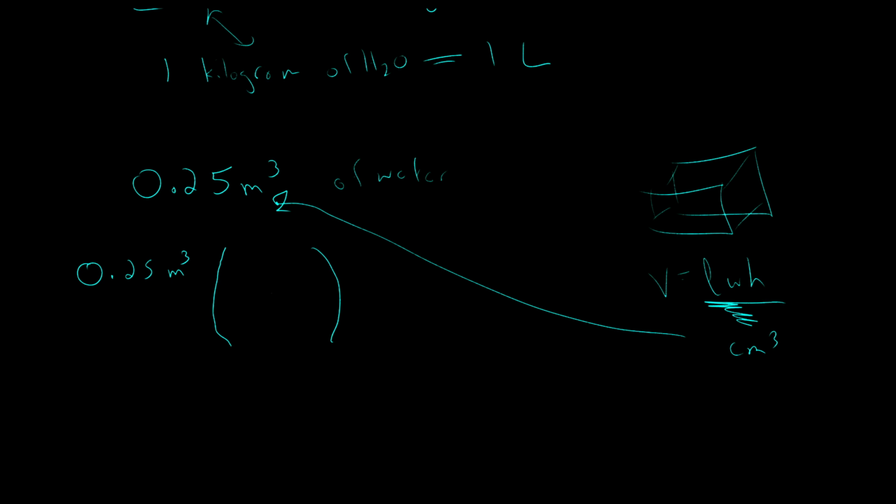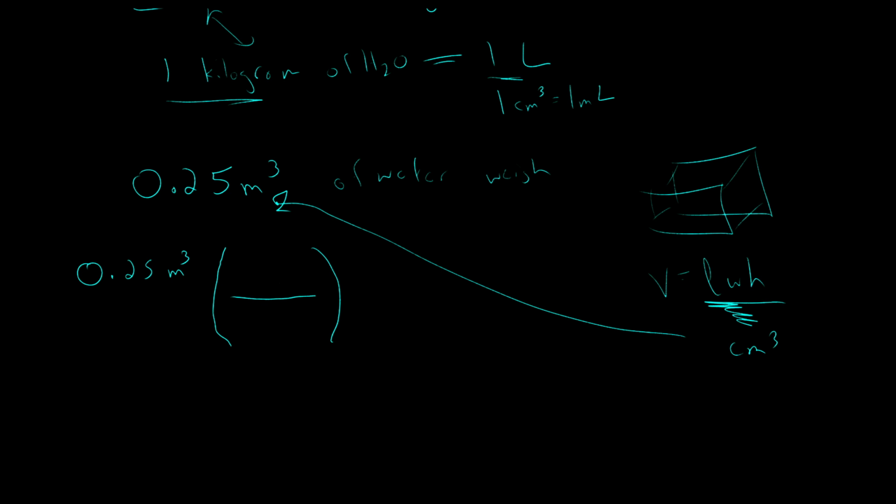So I'm going to use that. Now there's other conversion factors in the book. We make our conversion factors, but I'm going to use the fact that I remembered that 1 centimeter cubed was equal to 1 milliliter. And I'm going to use this to figure out how much this water weighs. And I know 1 kilogram is 1 liter. So that's going to be the chain I'm going to go through here.